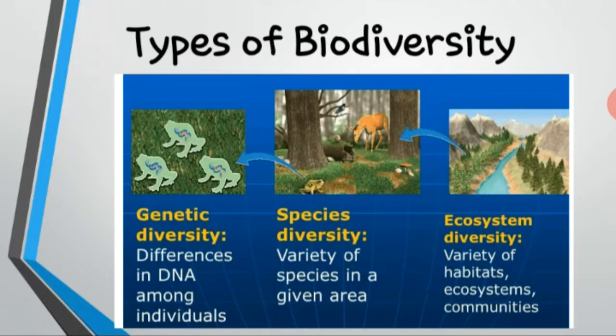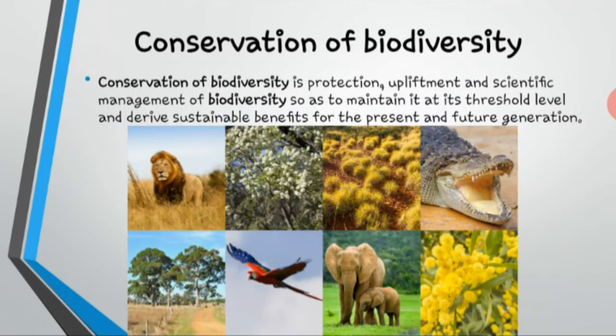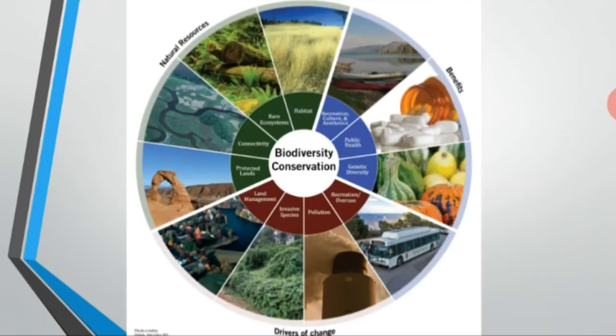So there are different types of biodiversity: DNA diversity, variety of species in different areas, and ecosystem diversity that exist. Conservation of biodiversity is basically to save life on earth. It is the protection, upliftment, and scientific management of animals and plants so as to maintain them at their threshold level and derive sustainable benefits for the present and future generations.